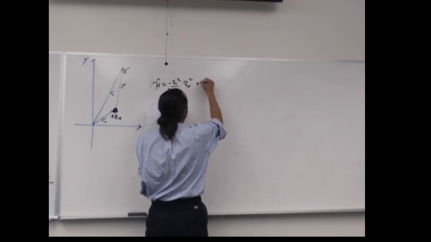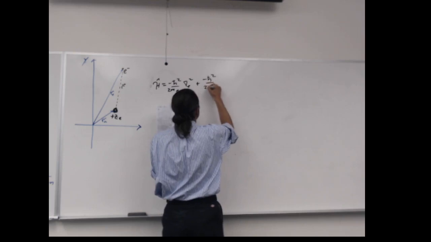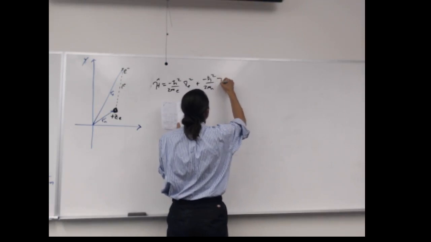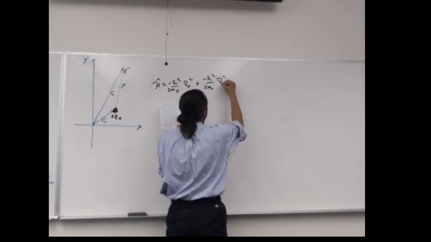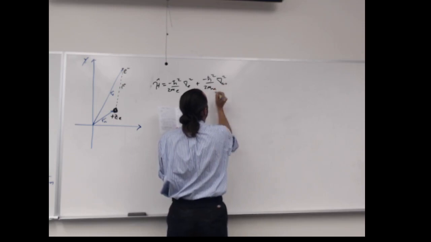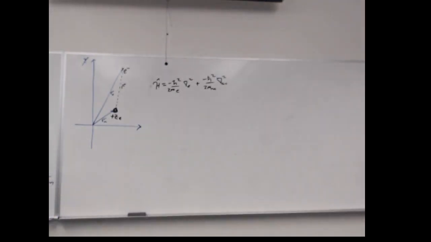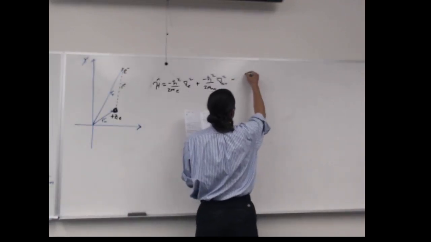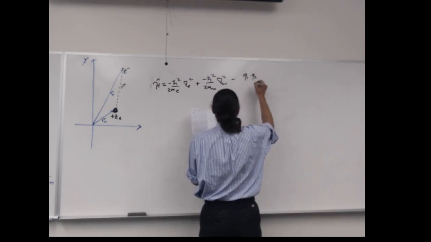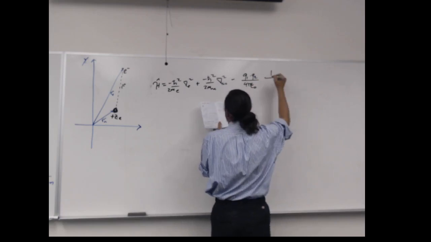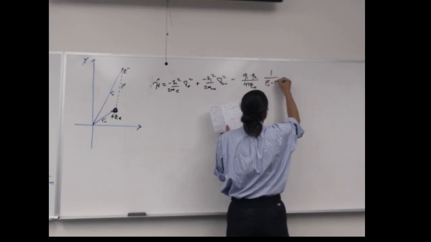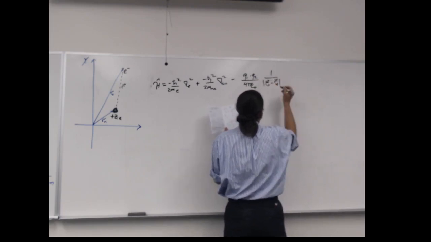It would need to include the motion of the nucleus, which I just noticed I have a typo in my notes, but I fixed it on the board. I put sub nuc there because it's the mass of the nucleus. And then we'd have some Coulomb force, Q1 times Q2 over 4 pi epsilon naught, times 1 over the absolute value of the r nucleus vector minus the r electron vector.